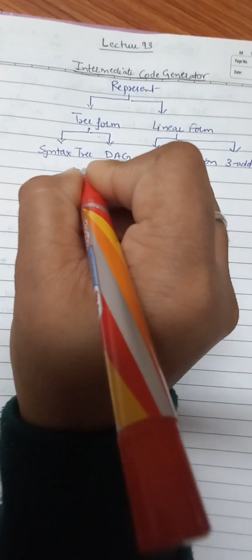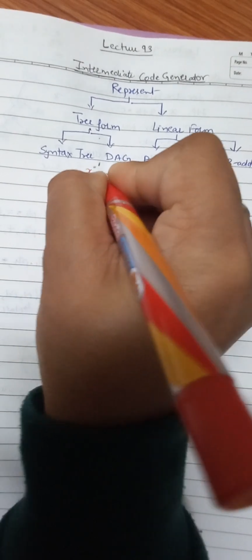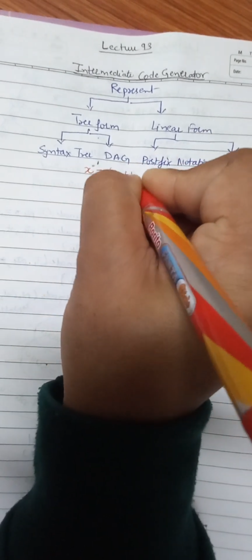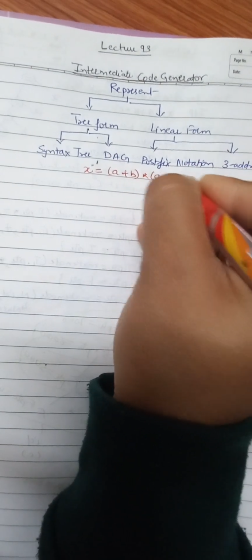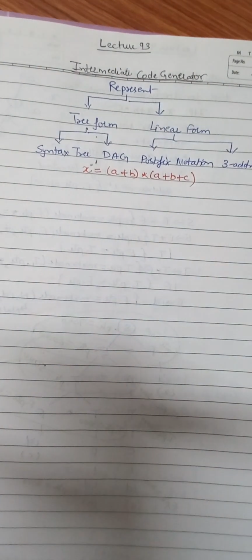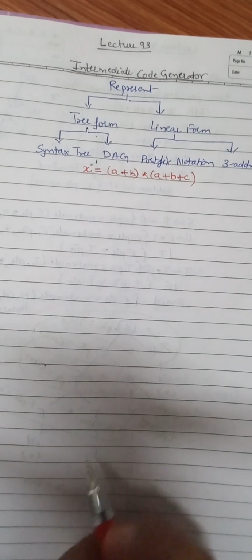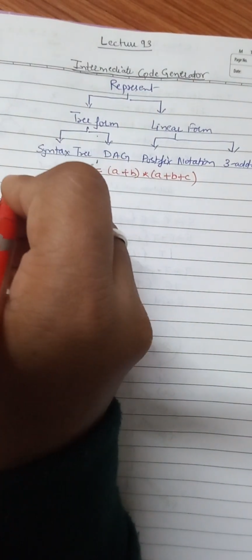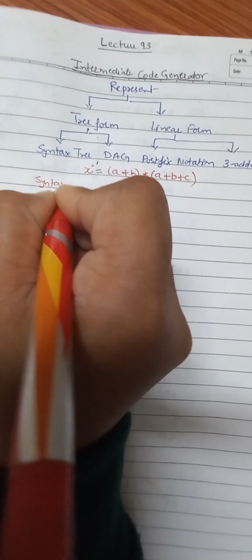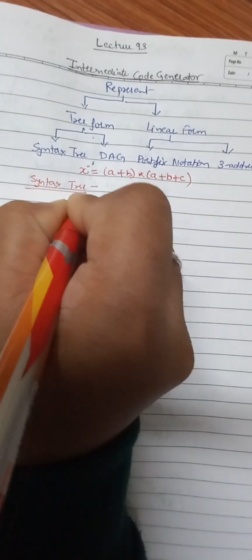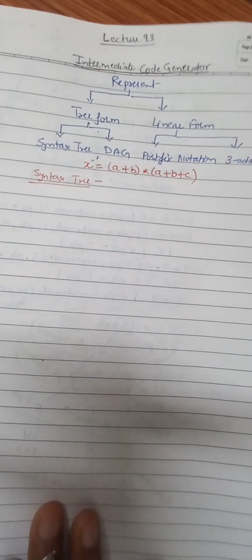Suppose we are taking x is equal to a plus b into a plus b plus c. So first we make the syntax tree for that. How can we make the syntax tree? Let's see here.